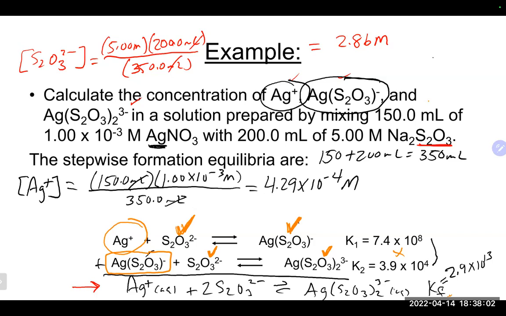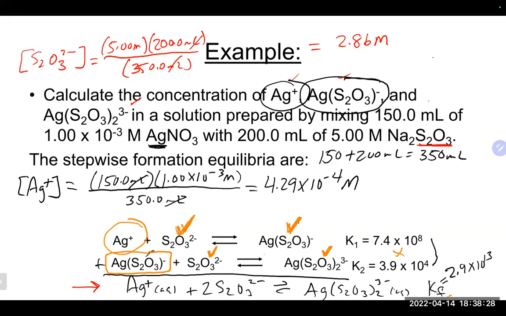When you add them together, anything that's on opposite sides of the arrow that is exactly the same will completely cancel out, or if you have 4 on one side and 2 on the other, it will reduce down. It's kind of like subtracting. You can think of the arrow as an equal sign, subtracting to the other side. Once you get rid of anything that cancels out, everybody on the left-hand side stays on the left, and everybody on the right-hand side stays on the right.